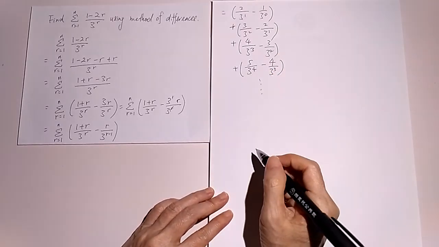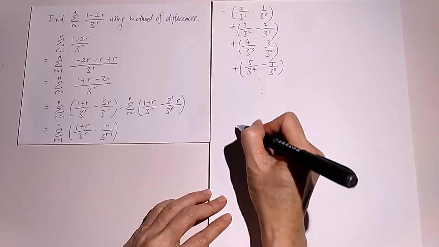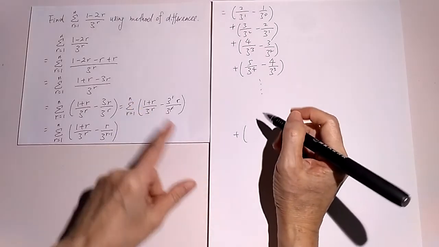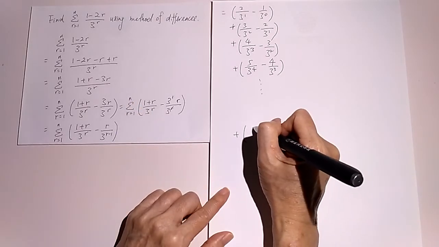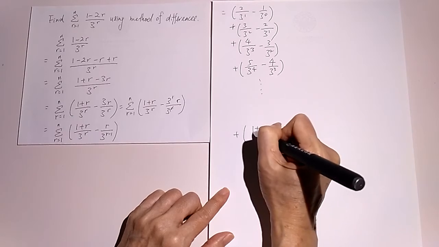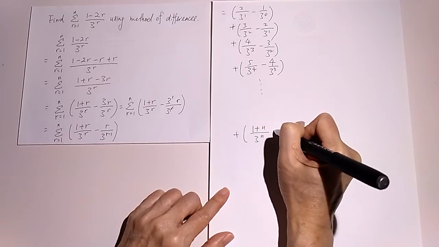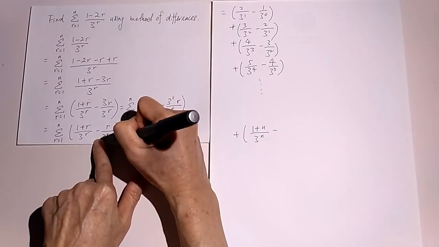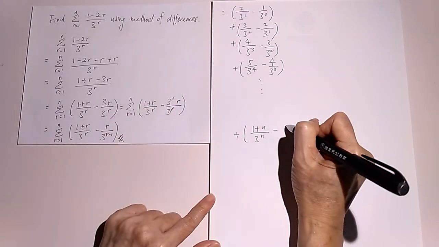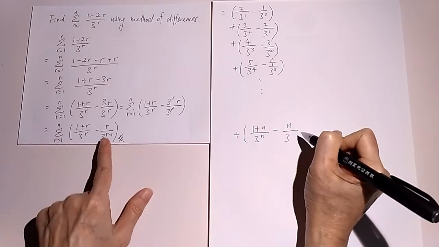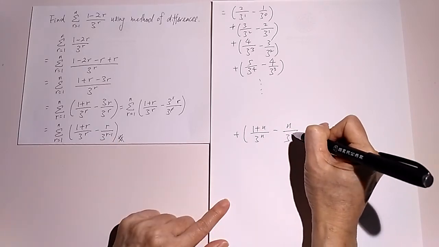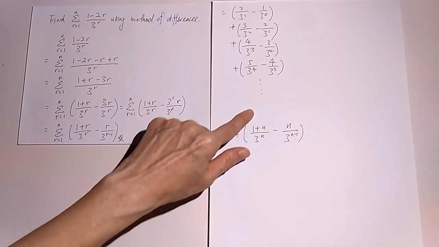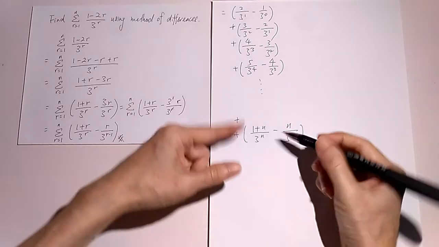And all the way to the end, the last term, if r is n, we have (1 plus n) over 3 to the power n, minus n over 3 to the power n minus 1.